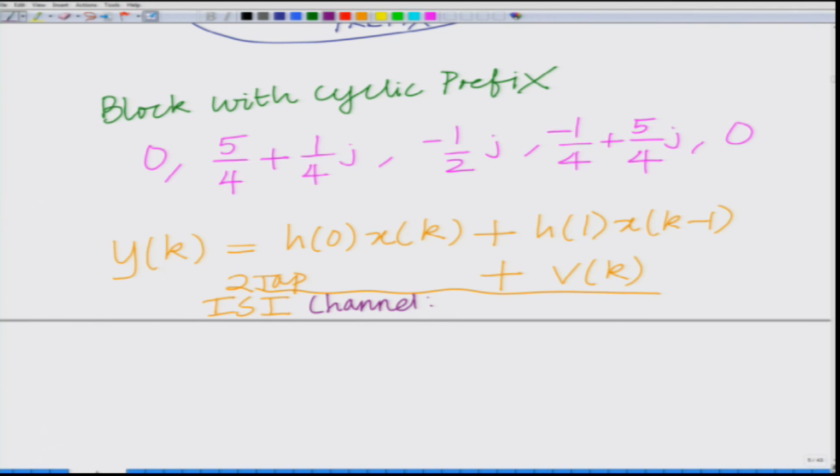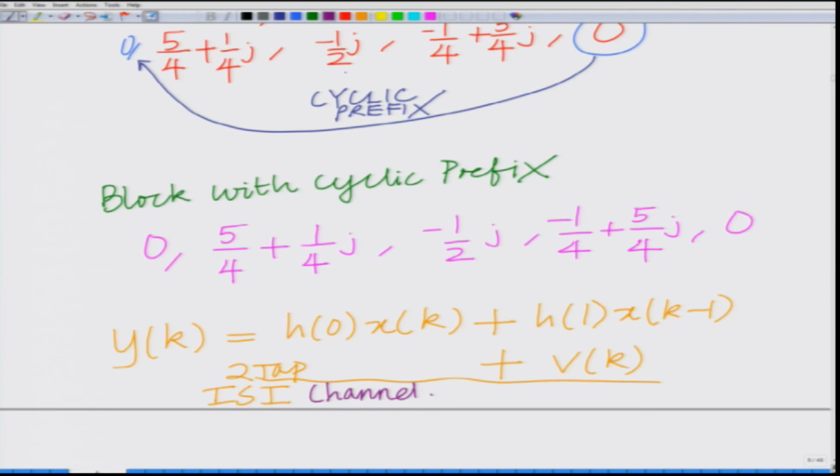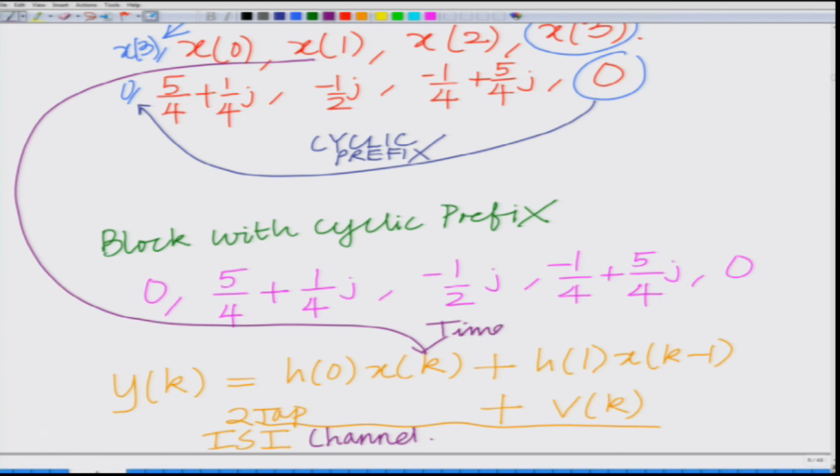Once you transmit, these xk's, let me illustrate it one more time, are the time domain samples that you have got after the IFFT of the symbols loaded onto the subcarriers.